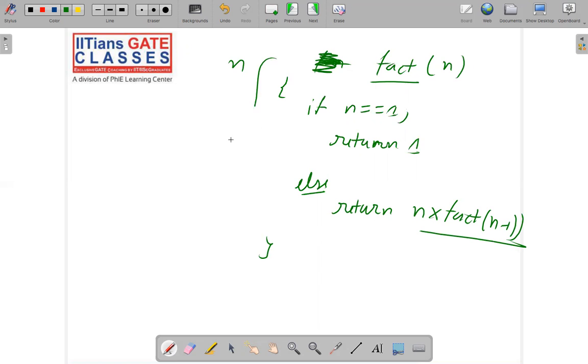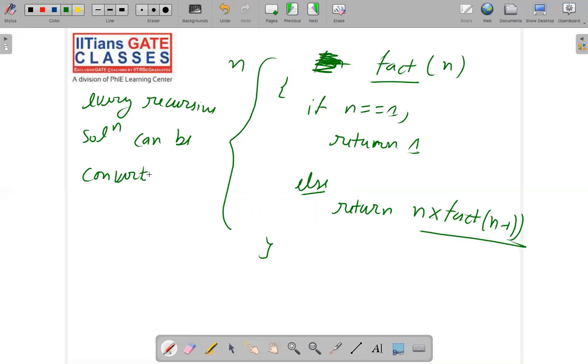Remember, every recursive solution can be converted into an iterative solution, which contains a for loop or while loop.